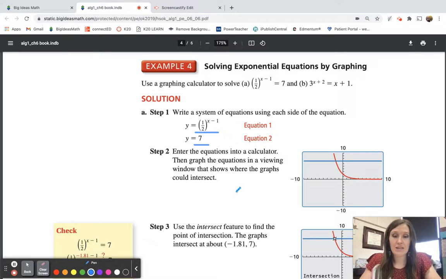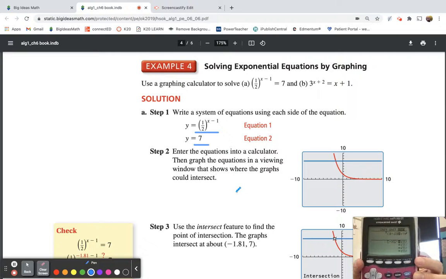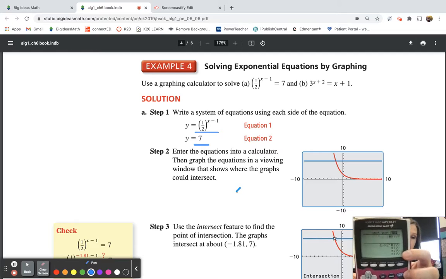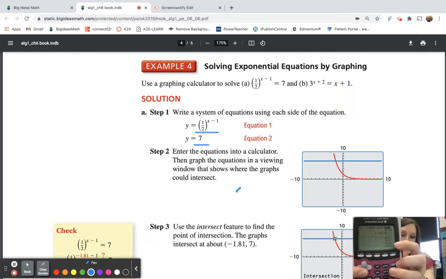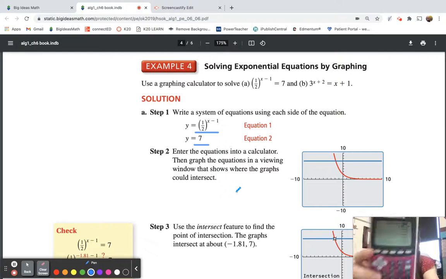First thing you're going to hit is the y equals button, and it's going to pull this up. If you're like mine and you have stuff in there, you need to clear it out first. Clear it, hit the down arrow, clear it, okay? So what we're going to do, since we split it into two equations, that first equation, y equals 1/2 to the x minus 1, I'm going to type that in my first line. When you have a fraction, you'll put it in parentheses.